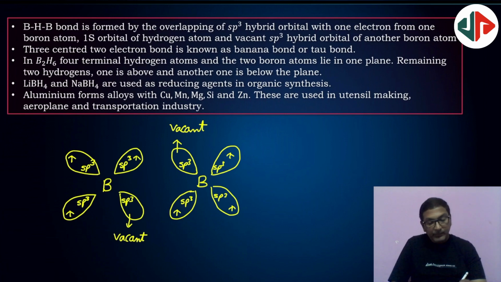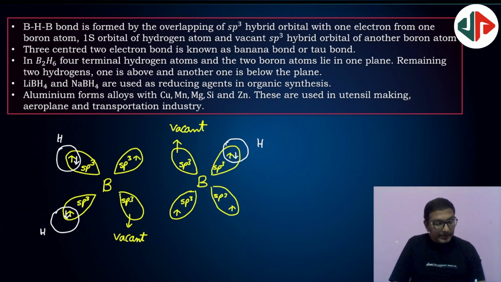Next, see here, 4 hydrogen atoms will form bonds with 2 boron atoms, 4 hydrogen atoms in this way.